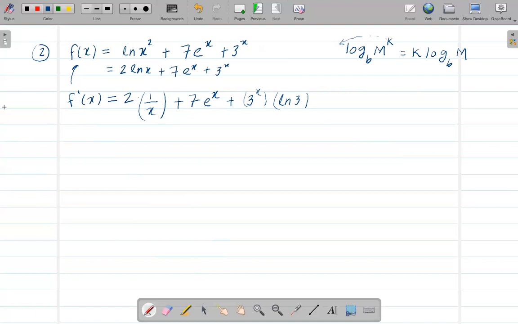Okay, let me do one last problem. Let's say, this equation is going to be a big equation.